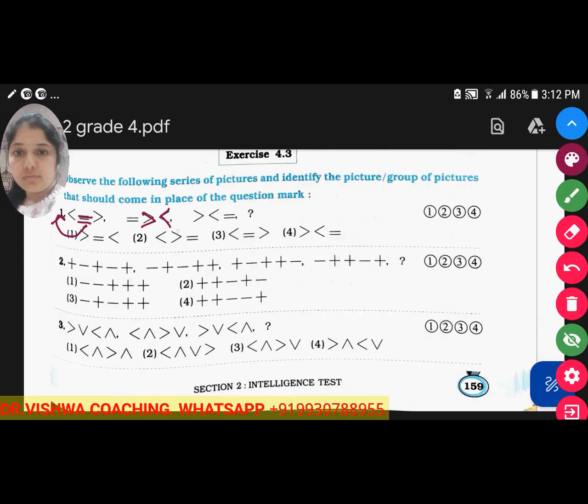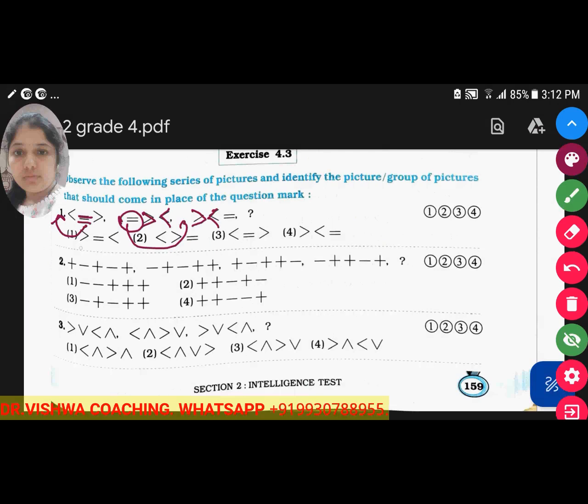Now here this sign comes to this end, meaning it is still moving clockwise. Okay. Now these two are facing opposite. Now what is the next pattern?